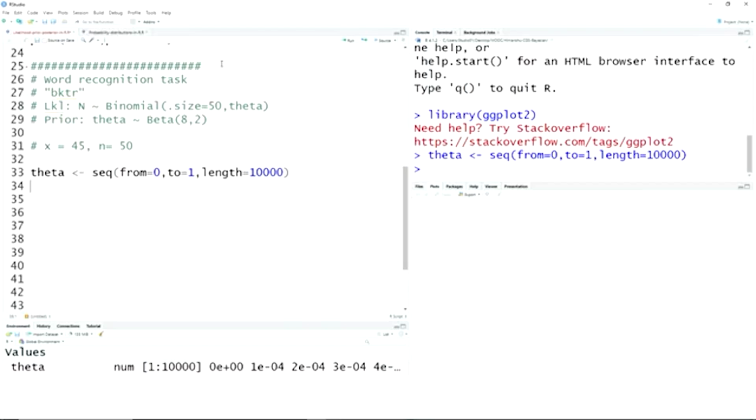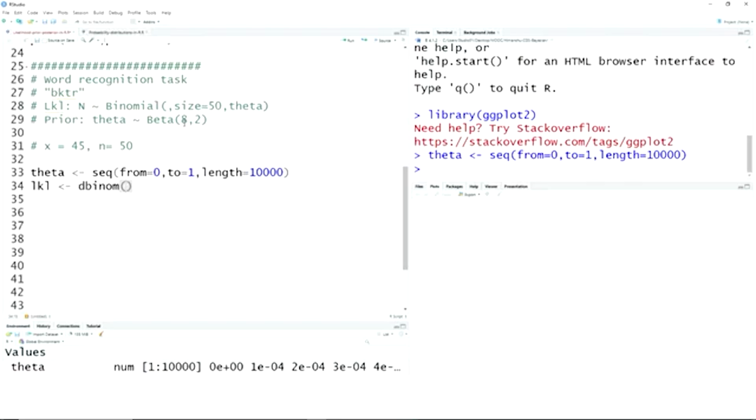You have a vector of theta from 0 to 1. Now you calculate the likelihood for each value of theta. How do I calculate likelihood? I know my likelihood assumption, which is that the number of correct responses comes from a binomial distribution. So I can use dbinom. dbinom will evaluate the PMF of a binomial distribution, and that's what I want.